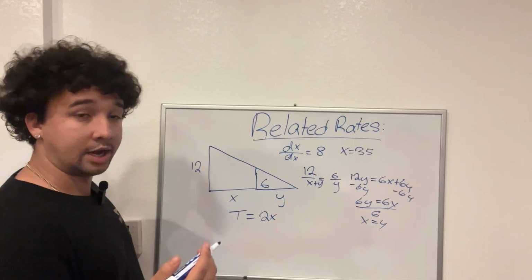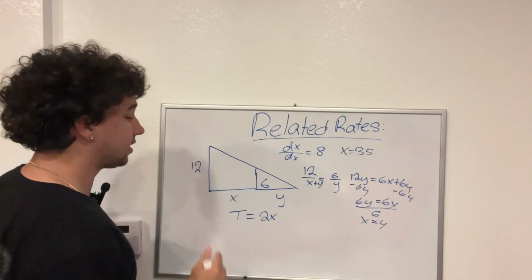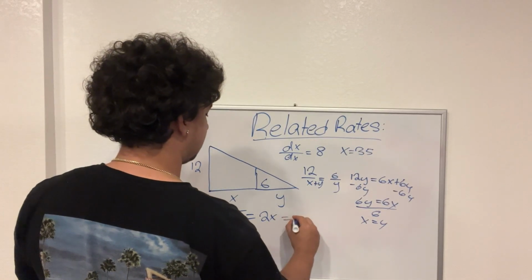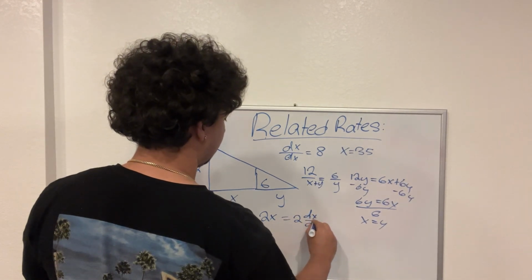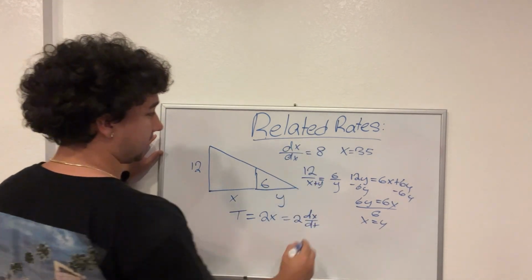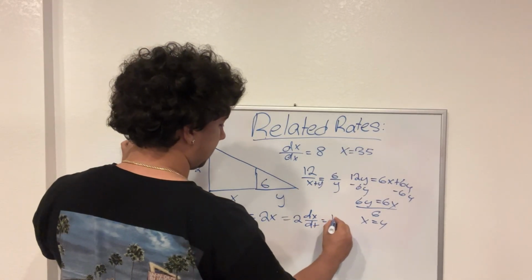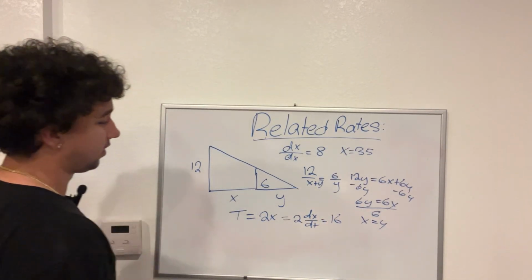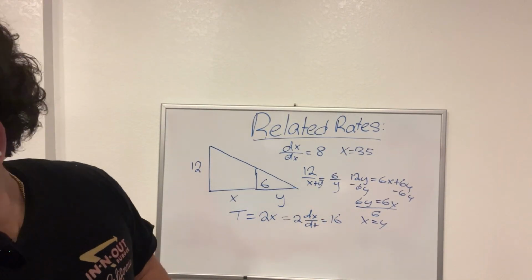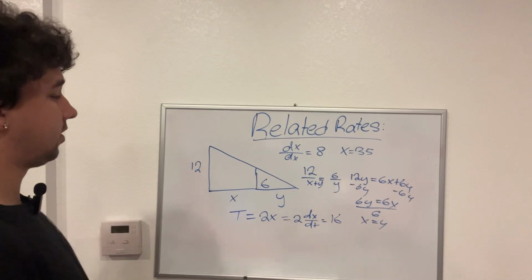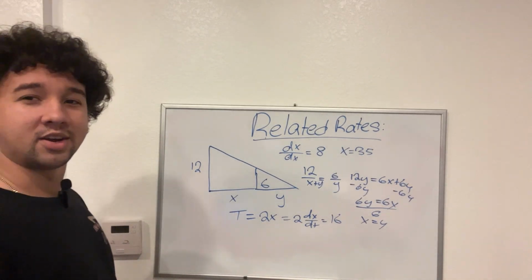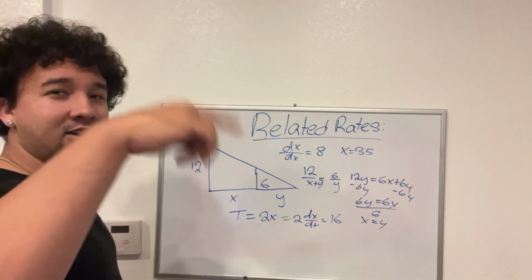But remember, chain rule, because there's that little mini t. So this is equal to 2 dx/dt. And since I was provided that dx/dt is equal to 8, I get 16 feet per second. And there you go. All right, on to the next one.